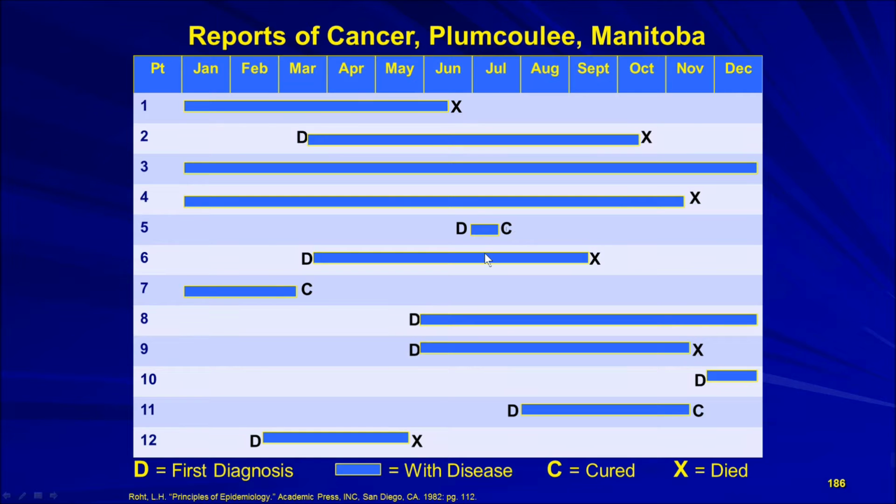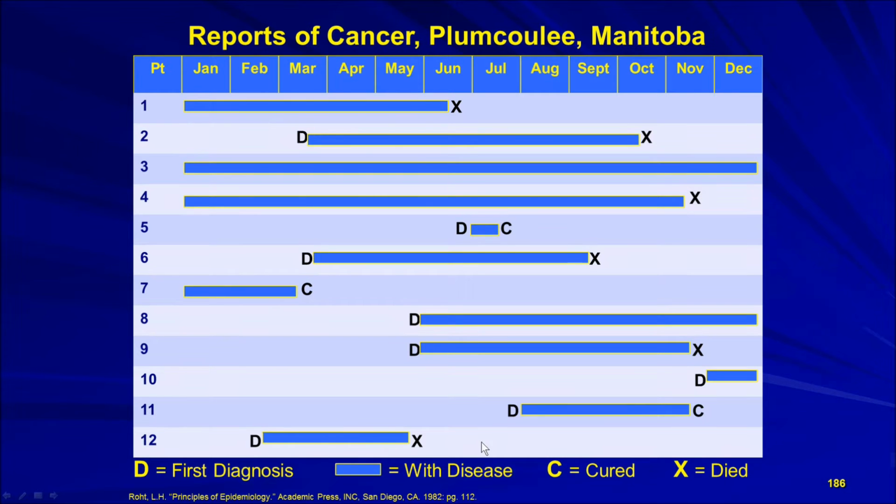This is an existing case. We're not going to count case 7 because it falls out of the time frame. We're going to count case 8. We're going to count case 9. We're not going to count case 10, and we're not going to count case 11 because it falls out of the time period of interest, and we're not going to count case 12.